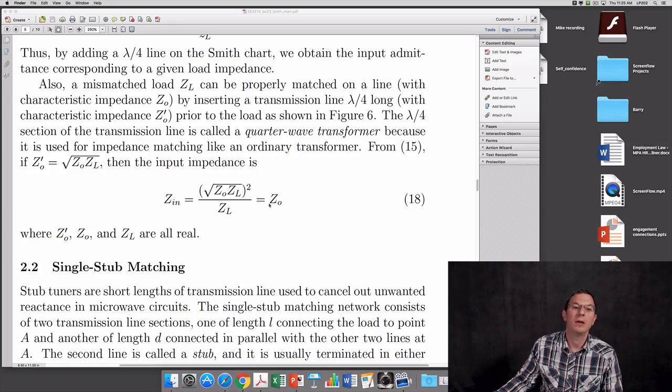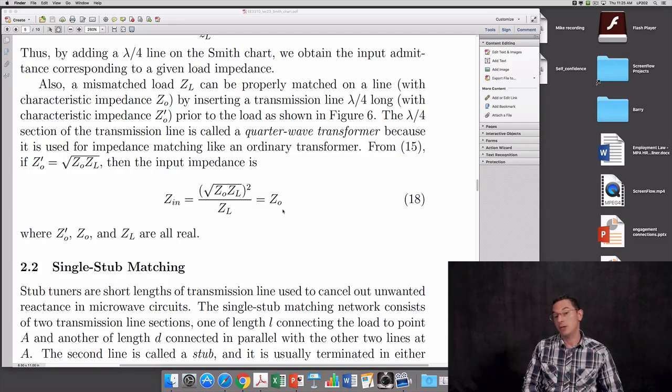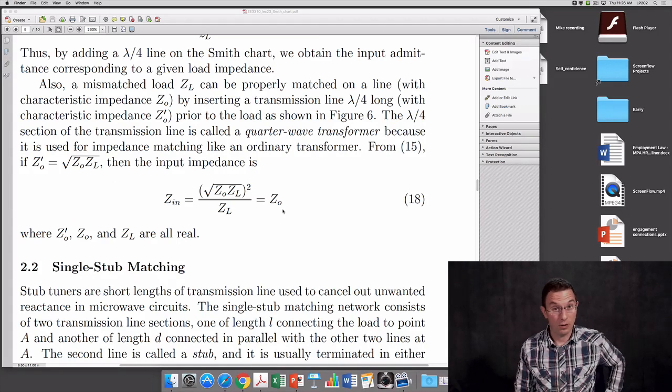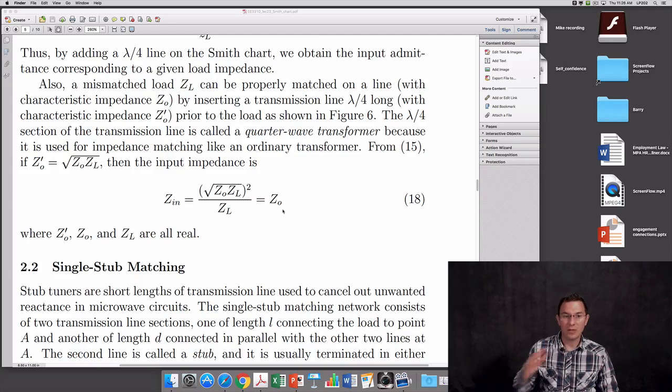The ZL's cancel, and you just get the characteristic impedance of the line. We're assuming here that Z naught prime, Z naught, and ZL are all real numbers. So that's one very simple way of matching a load to a line: simply inserting a quarter wavelength transmission line that has a very specific characteristic impedance.